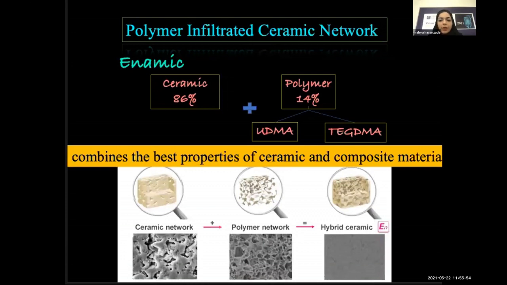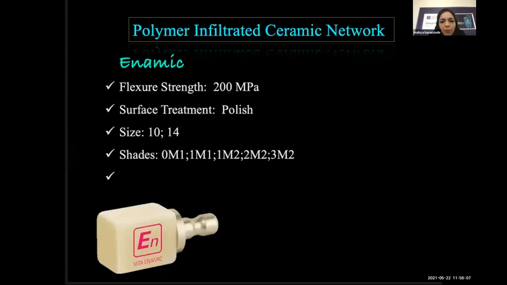We have the flexibility of the polymer network and the strength of the ceramic, which gives us positive characteristics like excellent bonding properties. Enamic blocks have a flexural strength of about 200 megapascal, and they can only be polished.